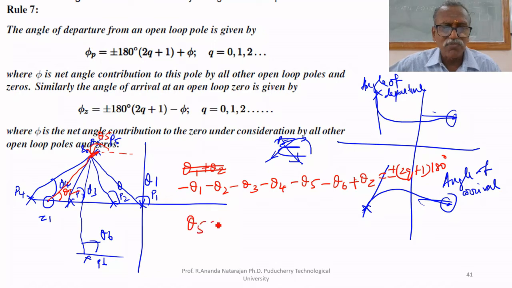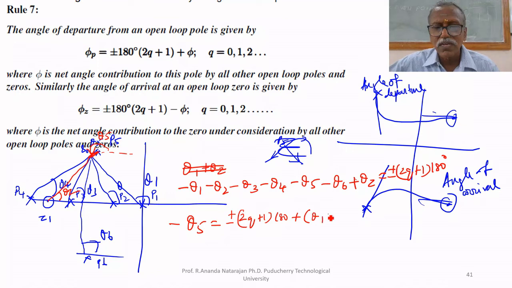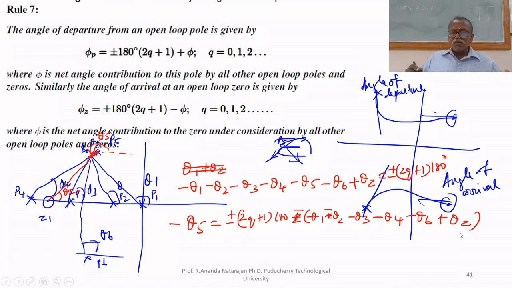Minus theta 5 equals plus or minus (2q plus 1) multiplied by 180 plus theta 1 minus theta 2 minus theta 3 minus theta 4 minus theta 6 plus theta Z. Except theta 5, I brought all to the right hand side because I have to find theta 5.